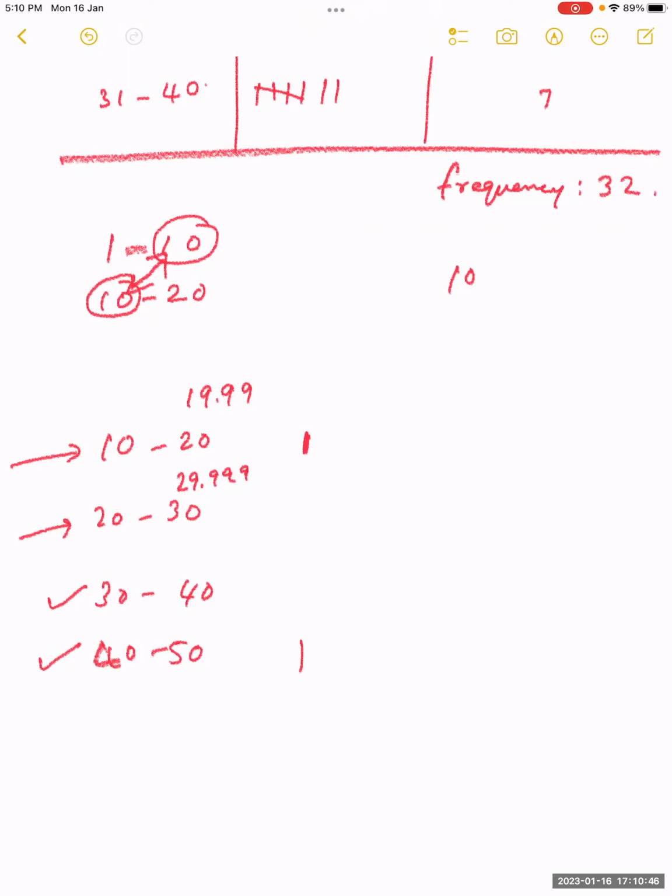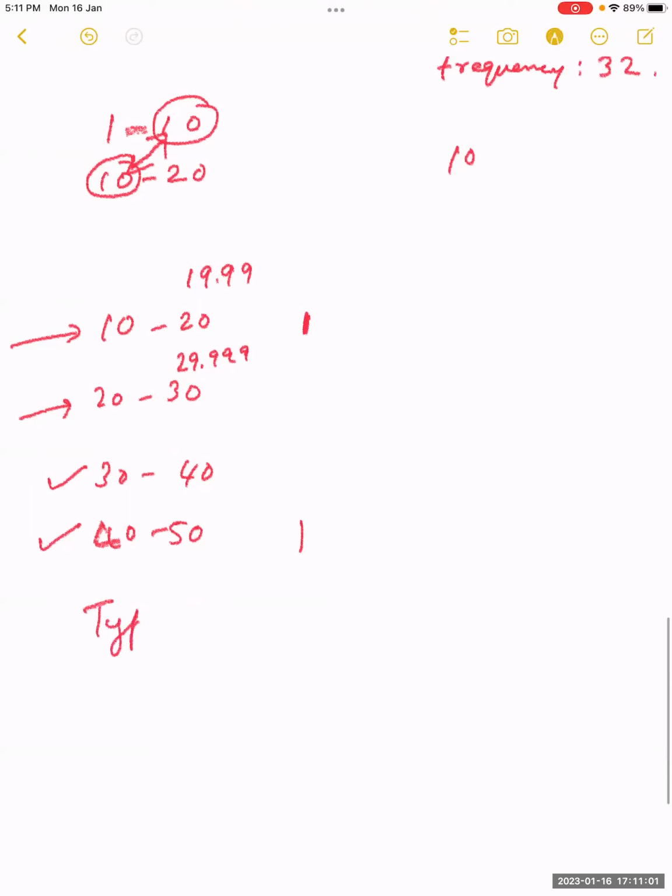Okay, now can we move on to types of frequency distribution? I think with tally marks and making a frequency distribution, you are all clear. Let's move on to types of frequency distribution.